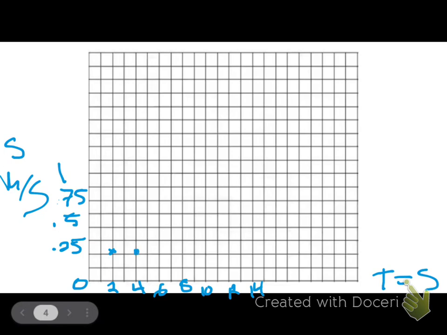Okay, what about at our third time interval? Fourth? Fifth? Yeah, so you can see that the graph of this would then be a line, right? And I made it tip up at the end, but I shouldn't have. Okay, so when you see a straight line like this on a graph for speed versus time, that means that there was no acceleration because the speed stayed the same.